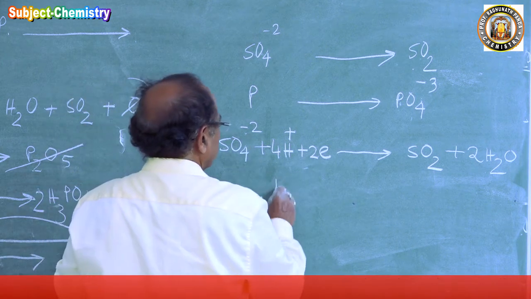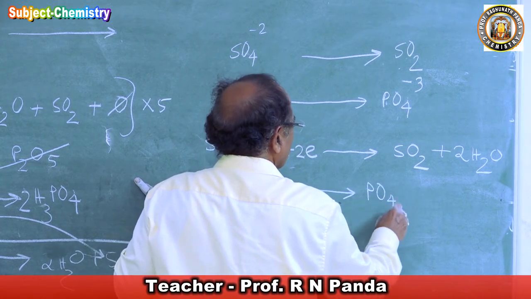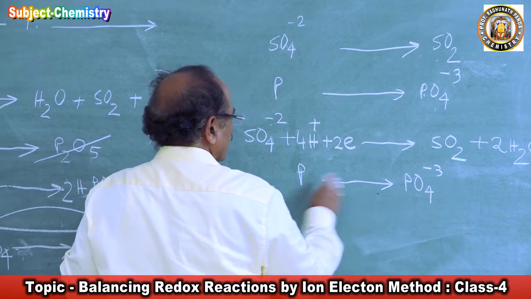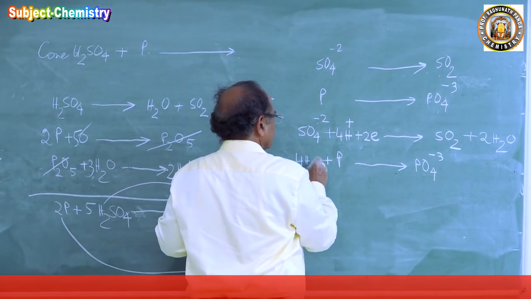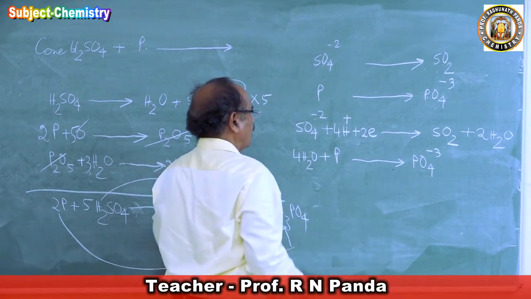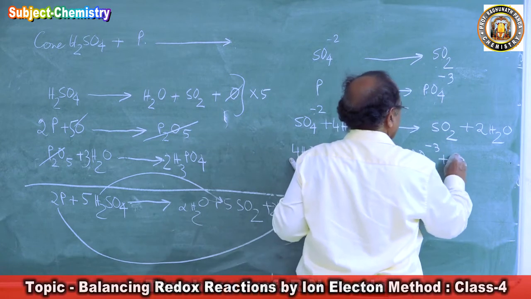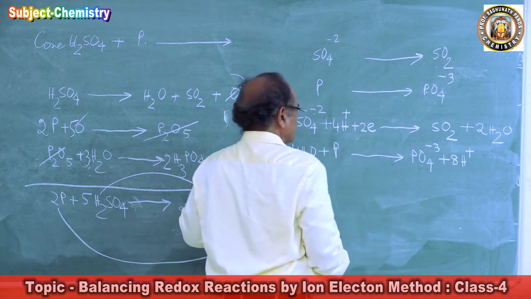Then phosphorus is forming phosphate, PO4 minus 3. So how many oxygen here? 4 oxygen. So we'll add 4 water molecules this side. 4 water molecules, so how many hydrogen atoms? 8 hydrogen atoms. So we'll add 8H plus this side. How many charges? 5 positive charge.